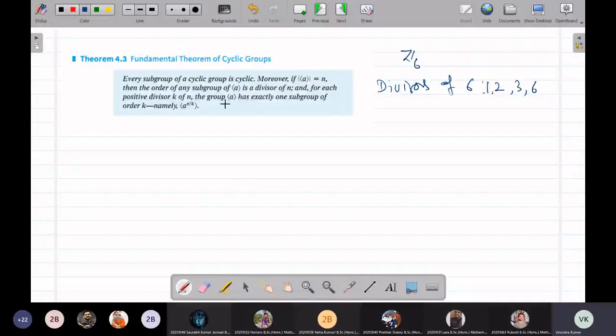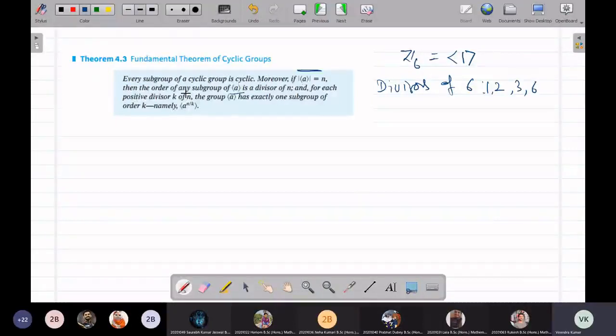So in the second part, if you take an element whose order is n, then the order of any subgroup of this group divides n. If this group is cyclic, then of course it will have some generator, like here 1 is a generator, at least this is a generator. We can also find other generators.